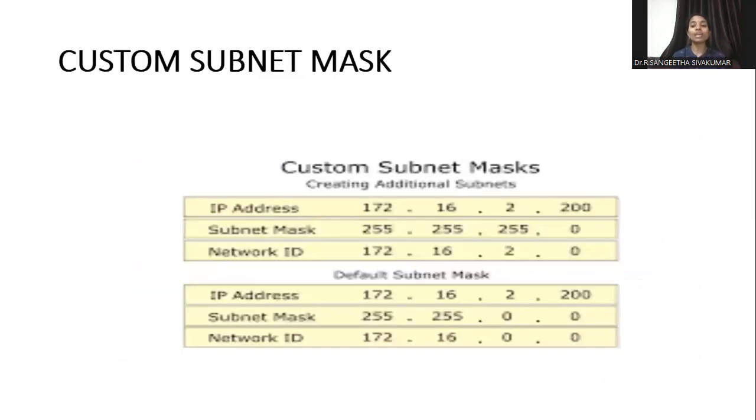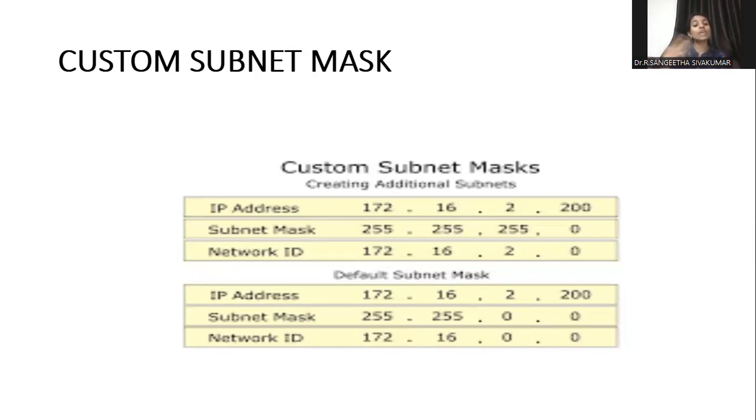Now how are we going to calculate the custom subnet mask? In the later examples, I will tell you how to calculate it. This is just a pictorial representation of how the IP address and the subnet mask look, and how, from the subnet mask and the IP address, we can calculate the network ID. For example, we have the IP address 172.16.2.200, and the default subnet mask for that is 255.255.255.0.